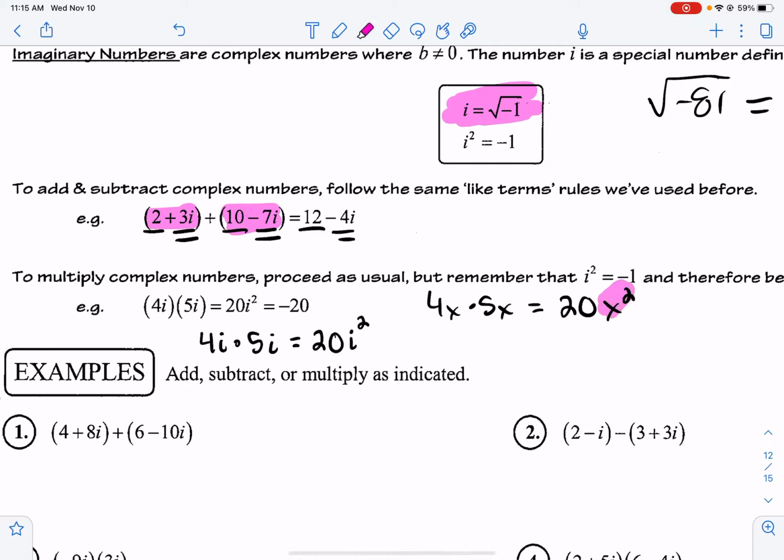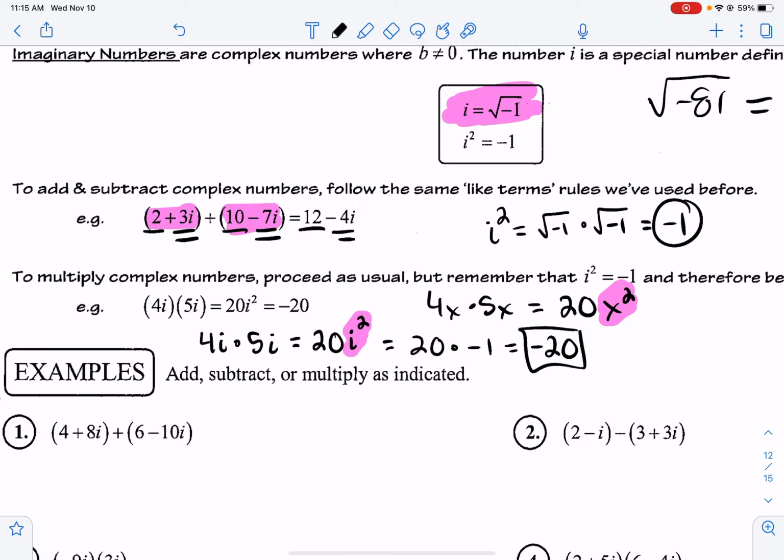So when I get to this point, x squared, I'm stuck. But I know what i is. So i squared, that means the square root of negative 1 multiplied by the square root of negative 1, which turns into a nice number. It turns into negative 1. So anytime I see an i squared, I can replace it with negative 1. So this becomes 20 multiplied by negative 1, which just becomes negative 20.